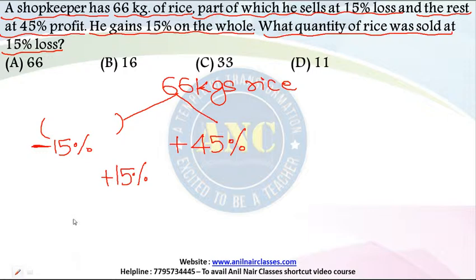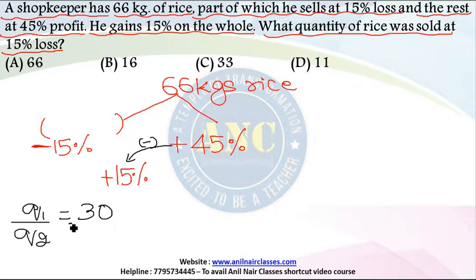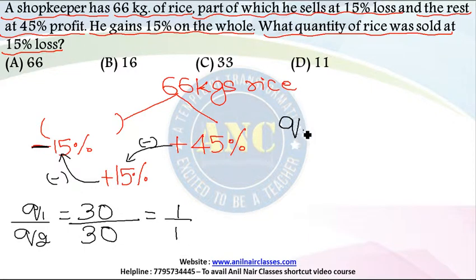Same as my previous question, no difference. If I want to find Q1 by Q2, this is nothing but 45 minus 15, which is 30, divided by 15 minus of minus 15. 15 minus of minus 15 is 15 plus 15, 30. That means both are mixed in the ratio of 1:1, which means equal ratio.